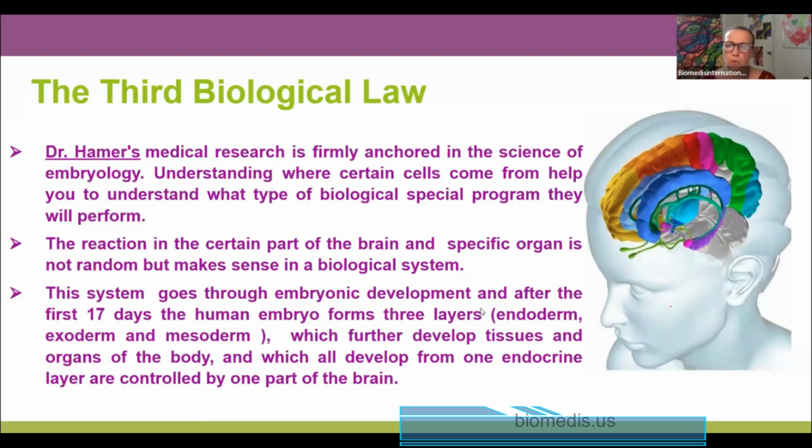After the first 17 days of embryonic development, the human embryo forms three layers: endoderm, ectoderm, and mesoderm, which further develop tissues and organs in the body. All organs develop from one layer or another, and they are all controlled by one part of the brain if they are from the same layer.